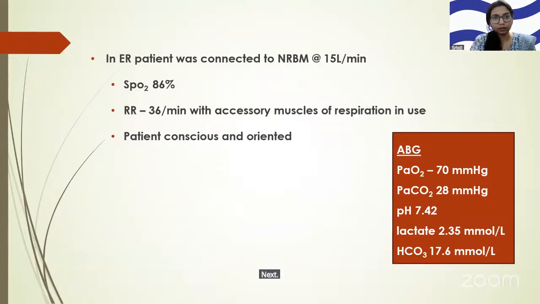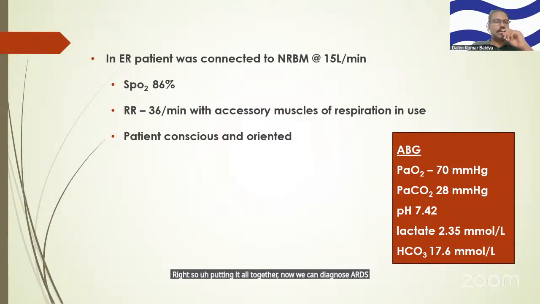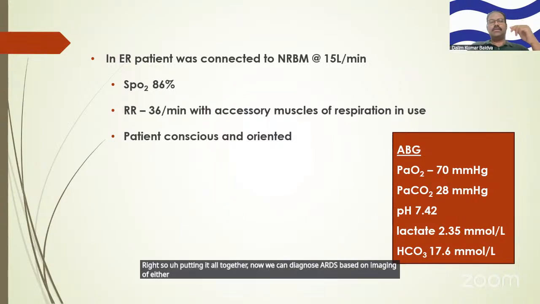So we move back. Right. So, putting it all together, now we can diagnose ARDS based on imaging of either chest X-ray or CT scan or point-of-care ultrasound. And for oxygenation, we can use either the PaO2/FiO2 ratio or the SpO2/FiO2 ratio, even in the absence of an arterial blood gas being available.